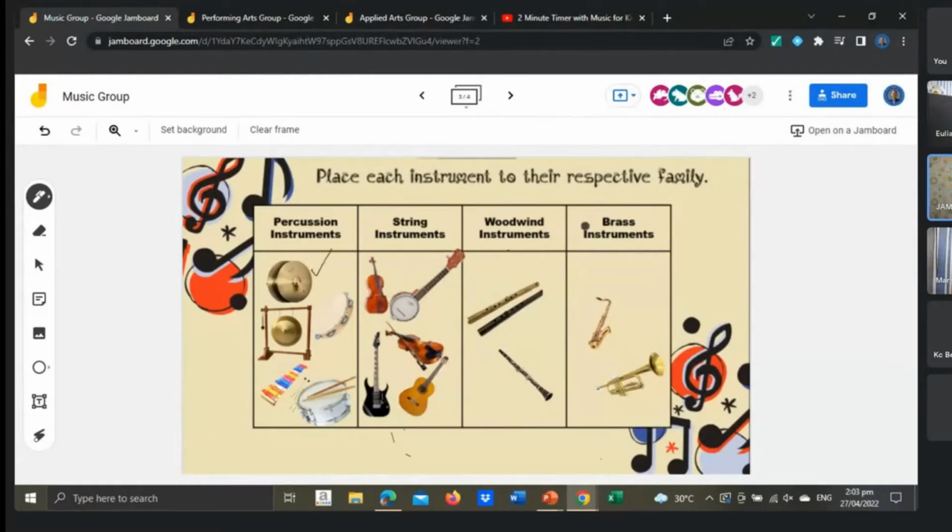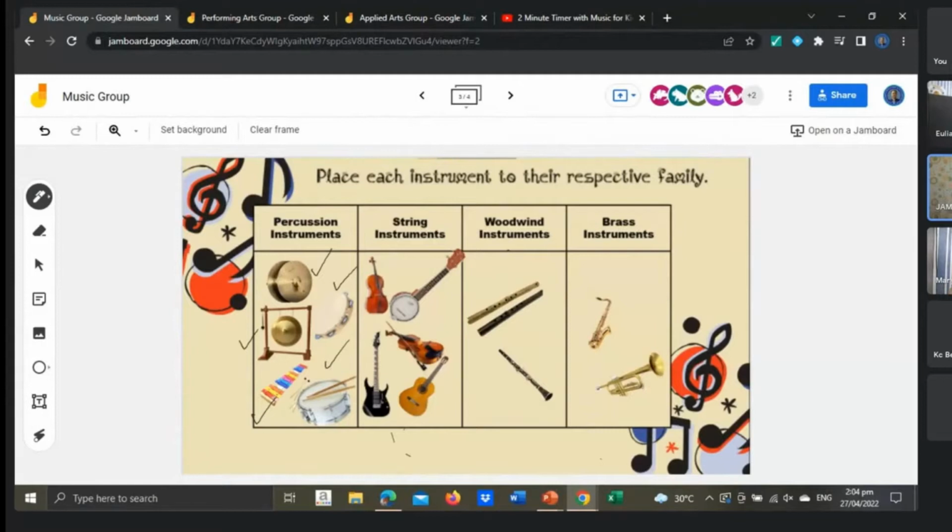This will be correct. Next, we have the tambourine. Tambourine also belongs to percussion. Check. Gong also belongs to percussion. Xylophone also belongs to percussion. Very good. As well as the drums. So there will be 5 instruments under the percussion instruments.